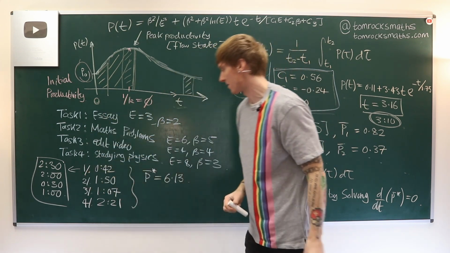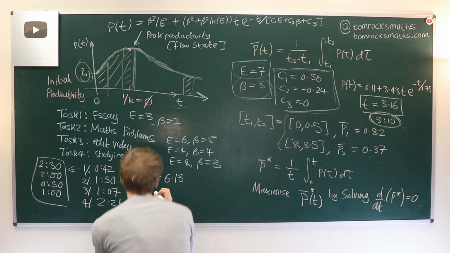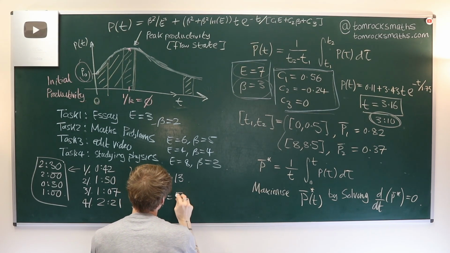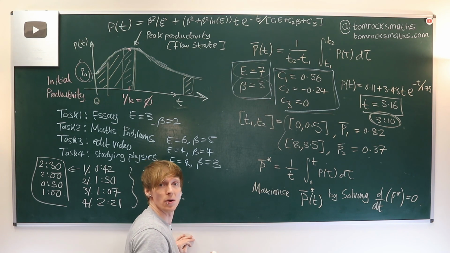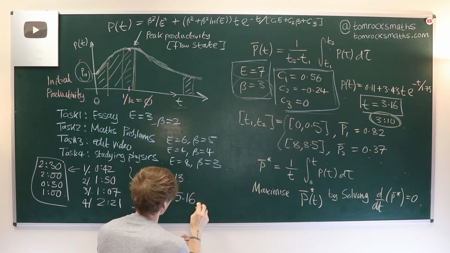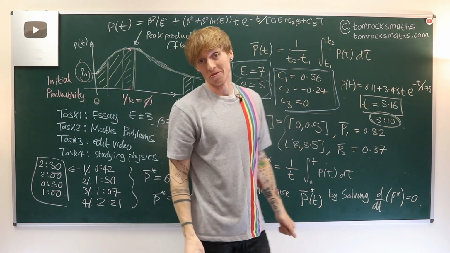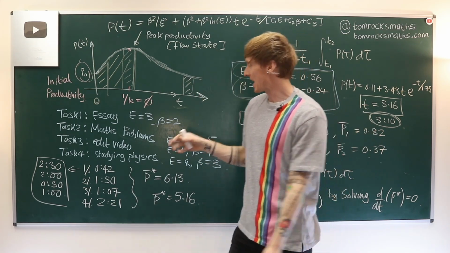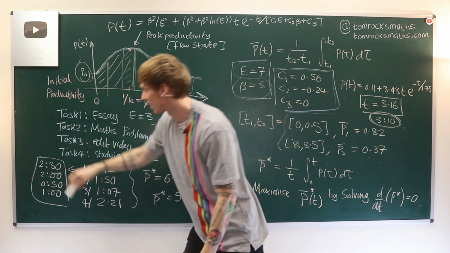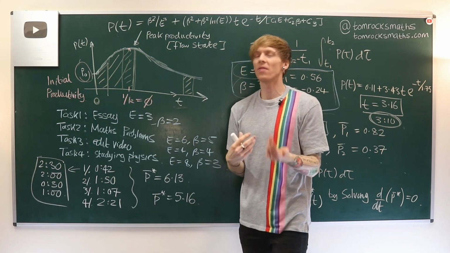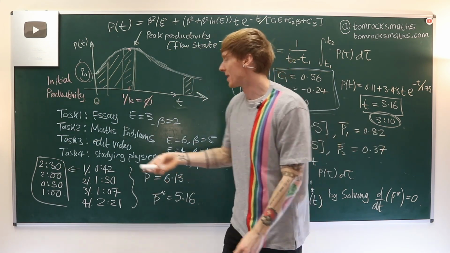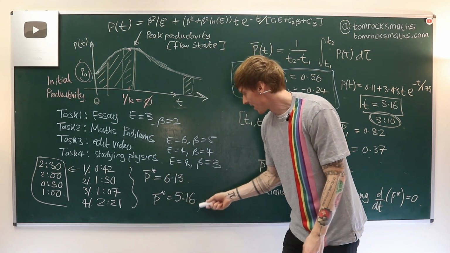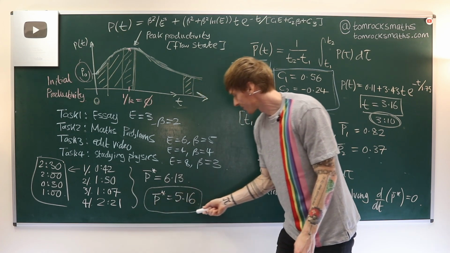So for these set of values, I get an alternative value of P bar star, which is going to be 5.16. So, what does this all mean? Well, if I had just followed my intuition and allocated what felt like the right amount of time to these various tasks, I would have had a total productivity of 5.16.